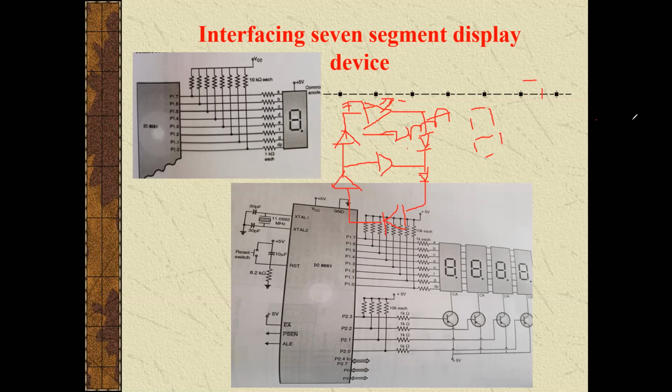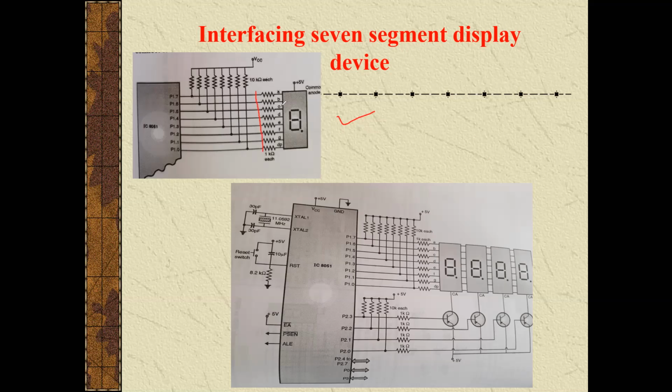Hence we use the common anode 7-segment display, which is used to connect to the 8051 microcontroller. So this is the common anode configuration. Here, all the LEDs are connected. See here, 7 LEDs are there and 7 connections are there.